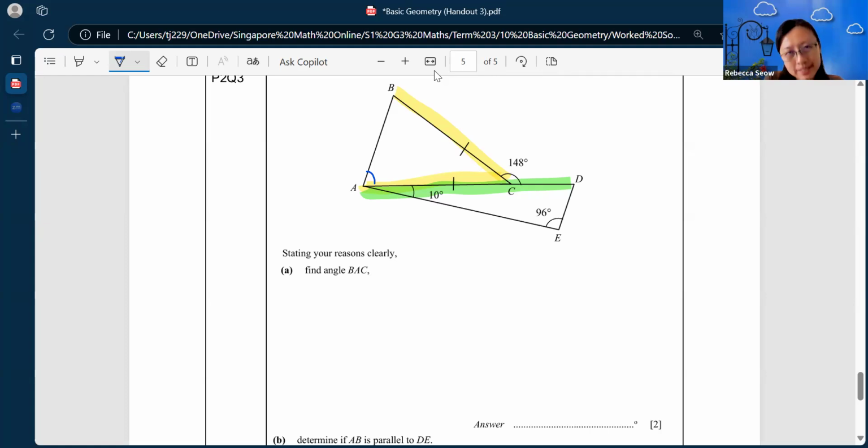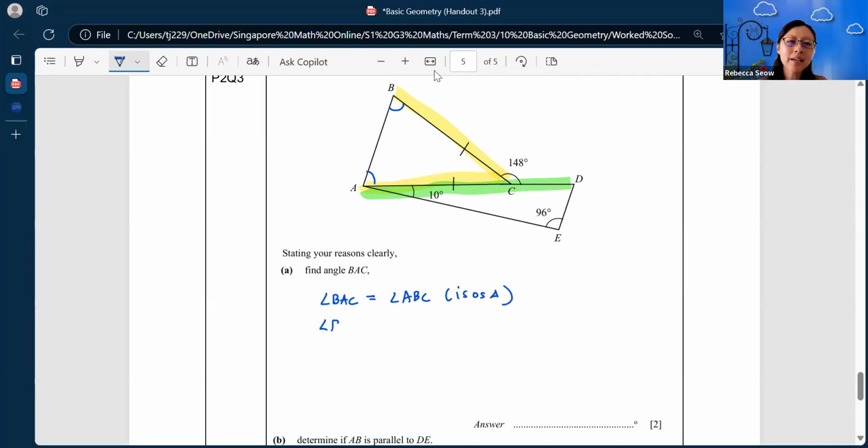Within the triangle ABC, we have an isosceles triangle, right? So angle BAC is equal to angle ABC. And these two angles combined add up to 148 degrees based on the property of exterior angles. So we can say that angle BAC is equal to angle ABC based on the property of isosceles triangle.